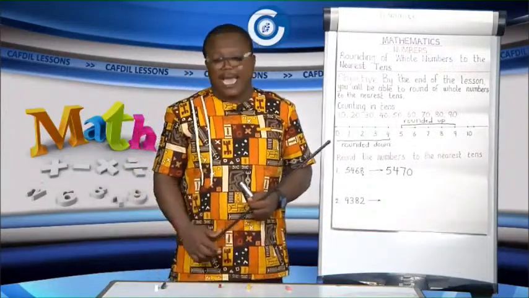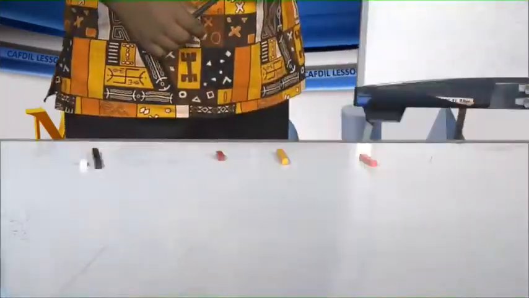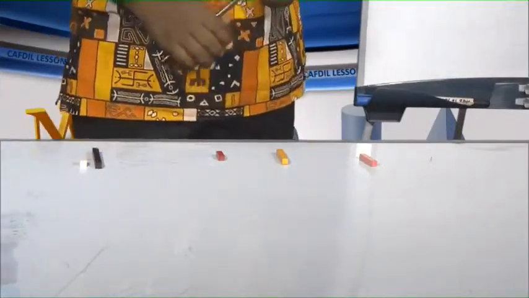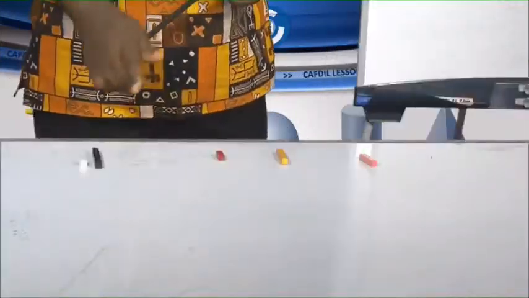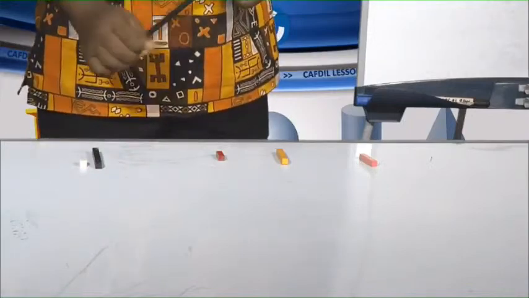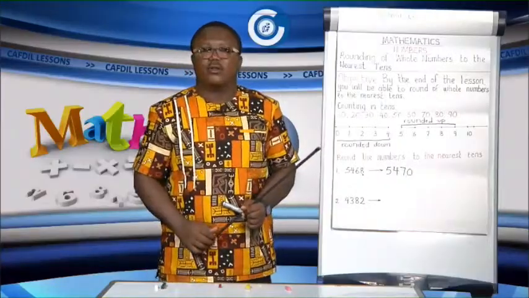If you remember what we did, I placed objects there and I asked which of these objects is nearest to the white cube, and you said the black rod.